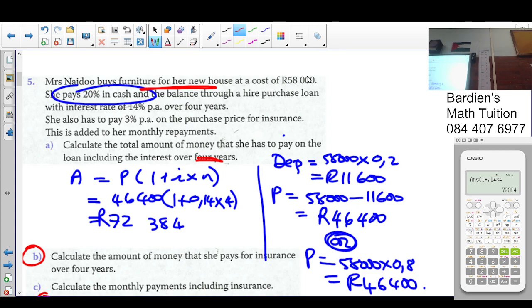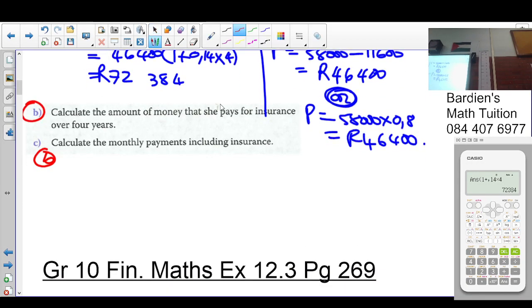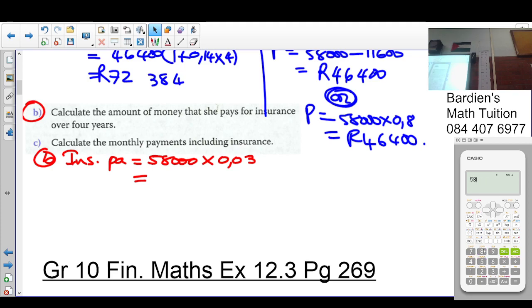And what is the cash price? 58,000. Did you see that? So the insurance per annum is going to be 58,000 rand multiplied by 3%. 58,000 times 3% gives you 1,740.